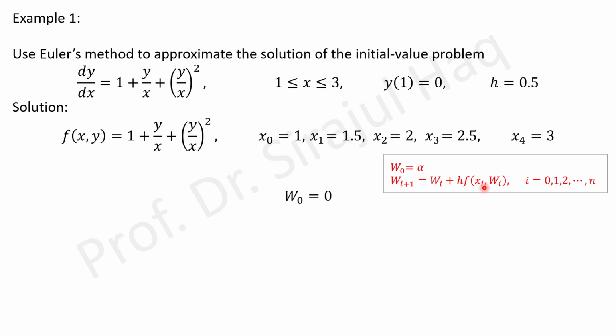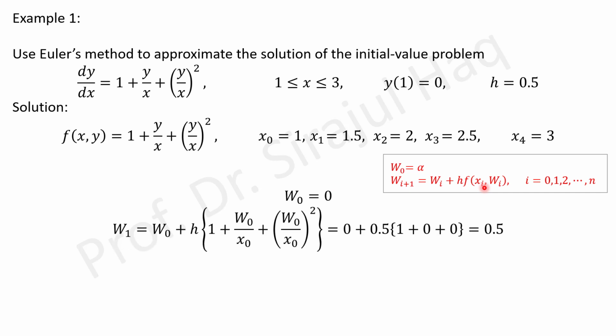Just substitute the values in this formula, which is the Euler formula. So when i is equal to 0, I'm getting W1. You can see over here, this will give you W0 plus h f of x0, W0. So replace x by x0 and y by W0 in your function.